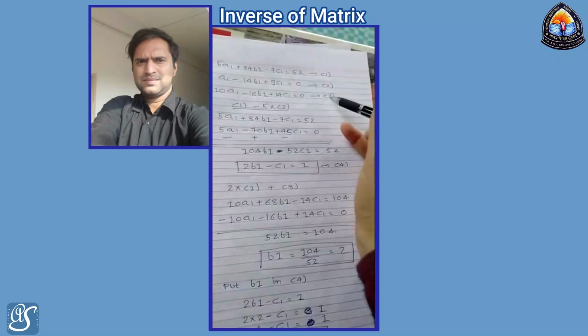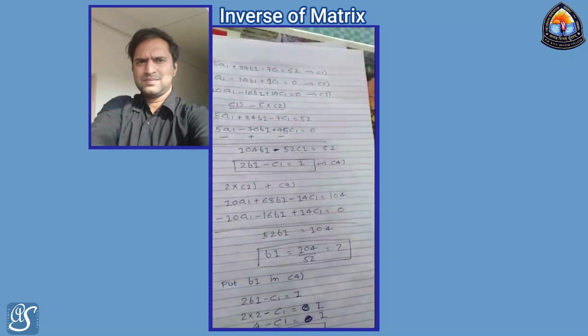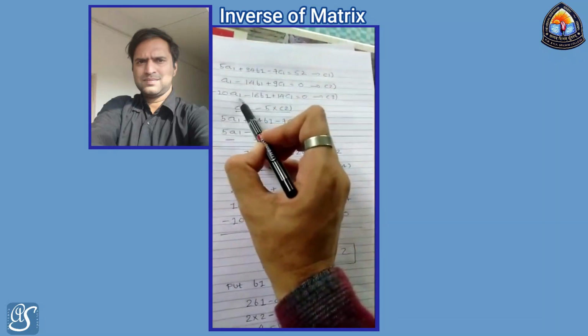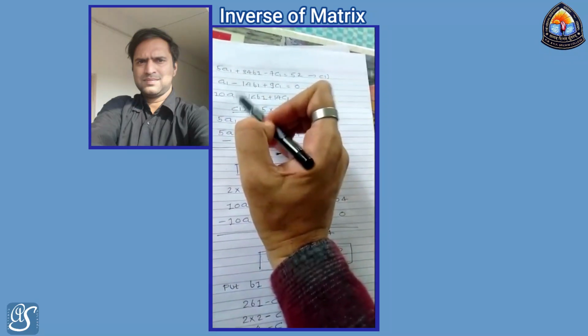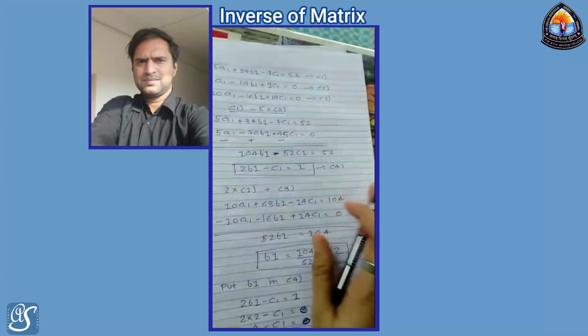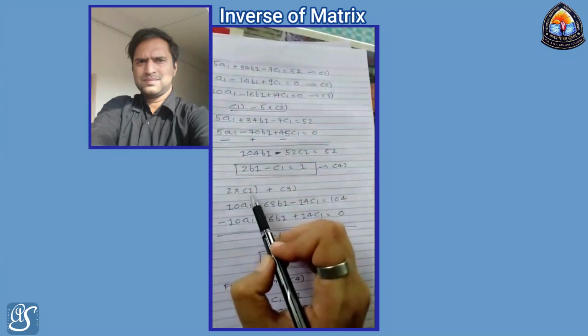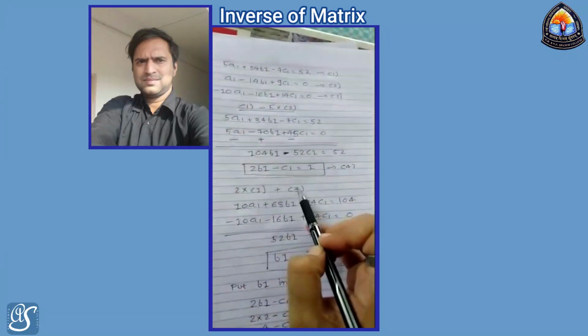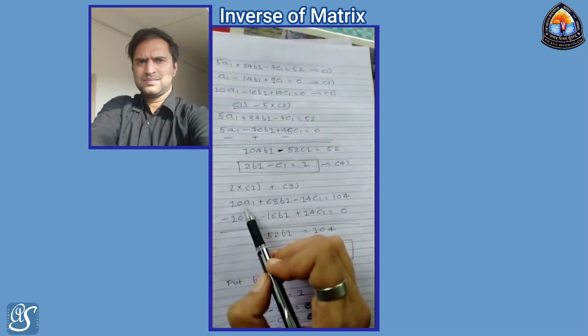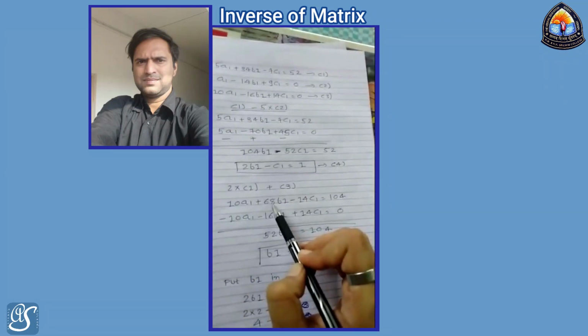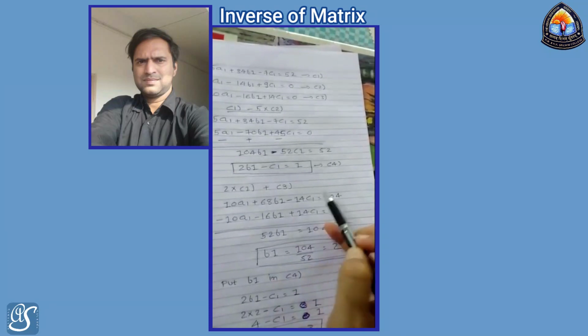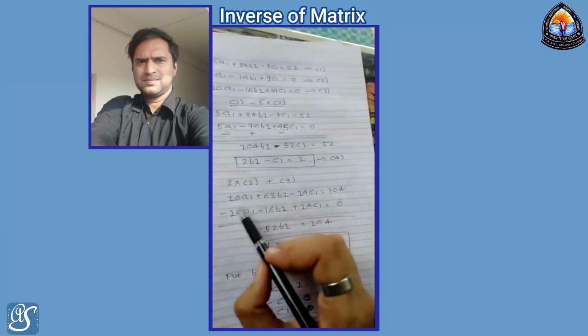Now compare first and third equation. In the third equation we have minus 10A1 and in the first equation 5A1. So to remove the variable A1, first equation multiplied by 2. So 2 into first equation plus third equation. Now first equation will be 10A1 plus 68B1 minus 14C1 is equal to 104.